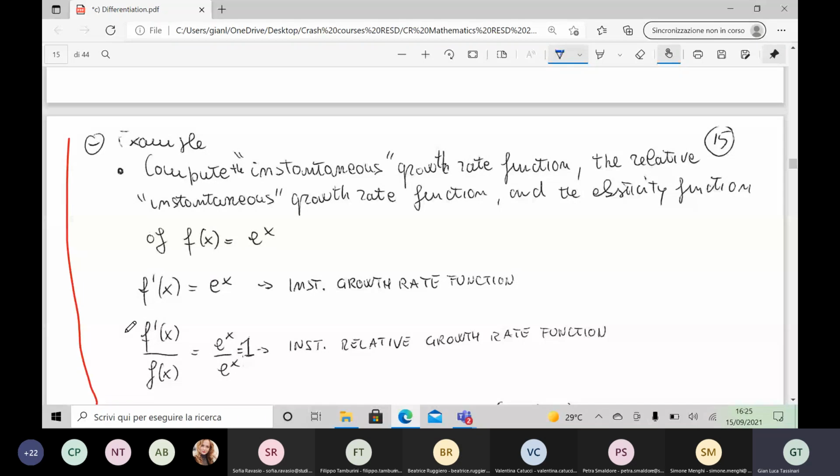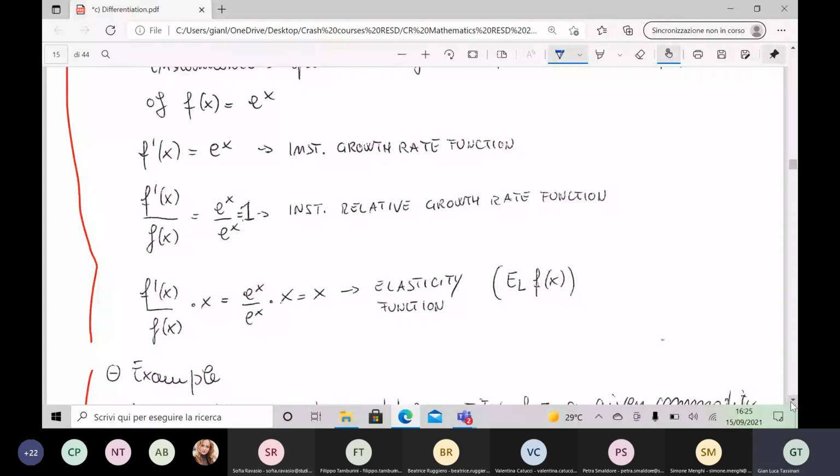So which is f prime of x? F prime of x is e to the power x, over f of x, e to the power x, which is 1. So the relative instantaneous growth rate function is 1.